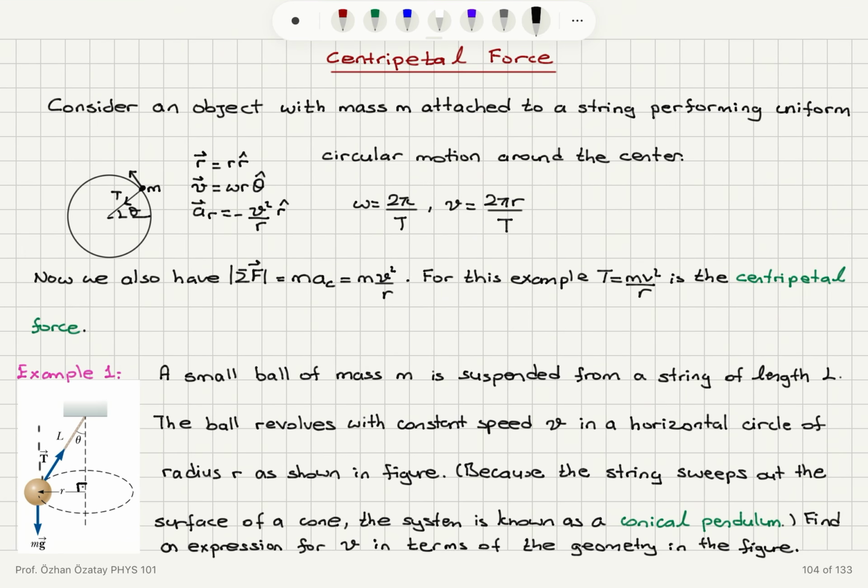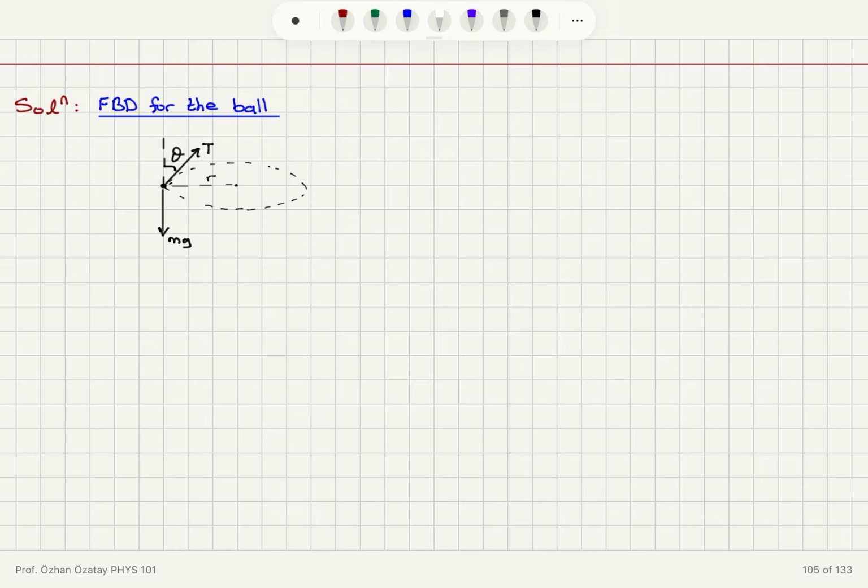So you can see that this theta is also this theta, and we have the weight of the ball, mg, pointing down.